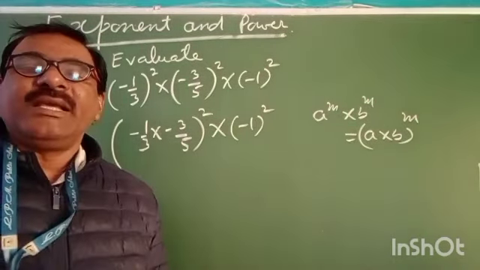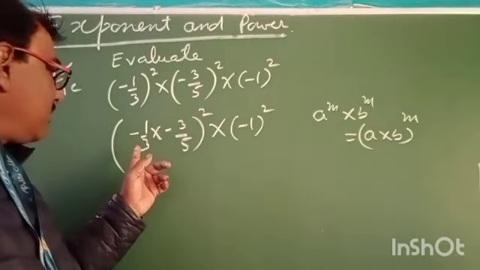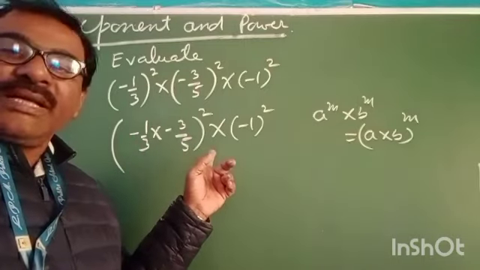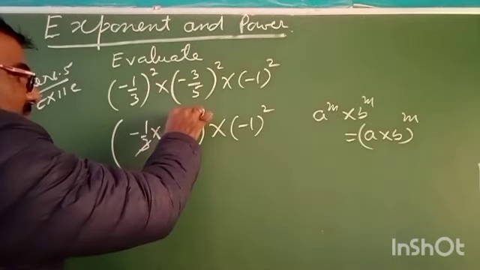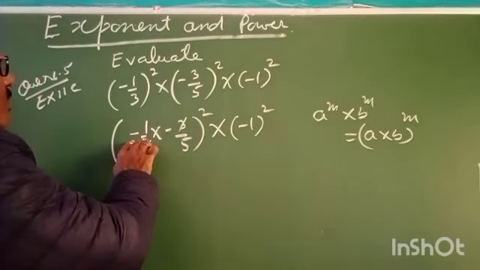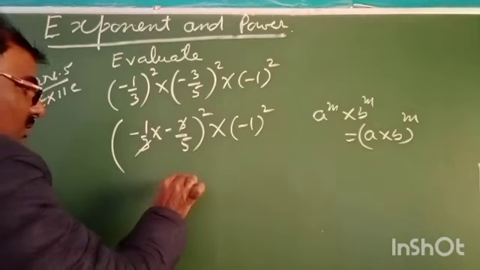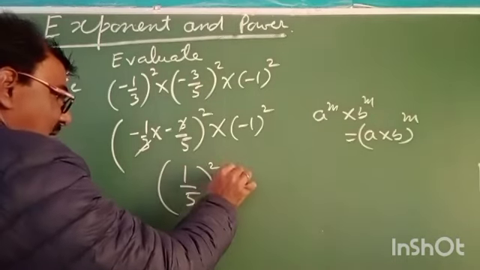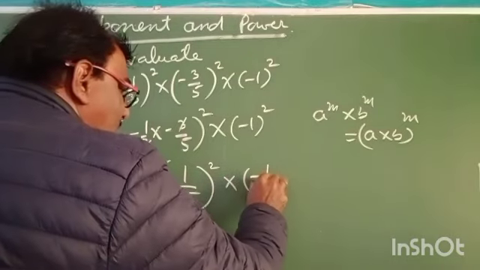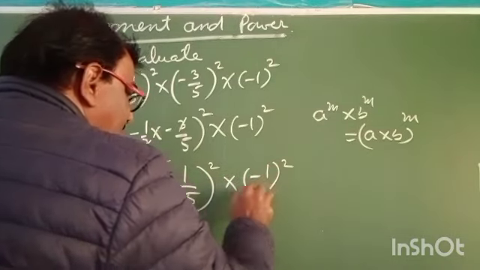Here is 3 and here is also 3, so I will cancel 3 by 3, and minus 1 multiply minus 1 will be plus 1. So it will be equal to (1 upon 5) whole square multiply (minus 1) whole square.